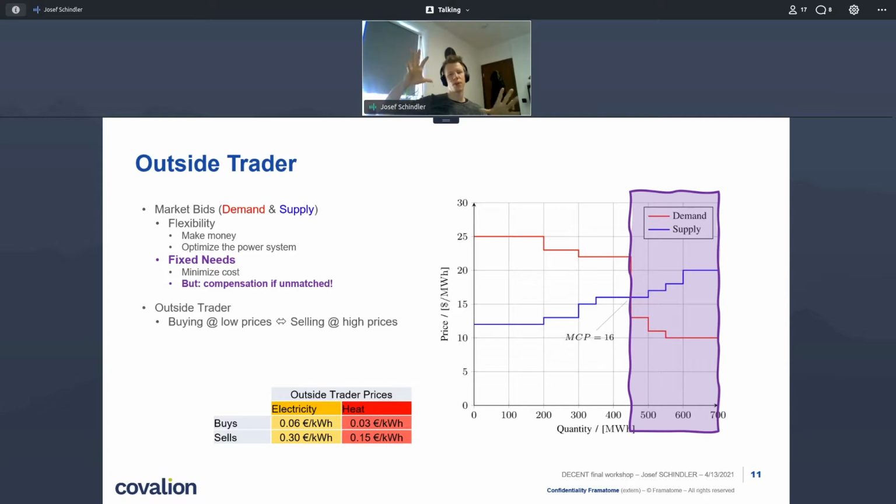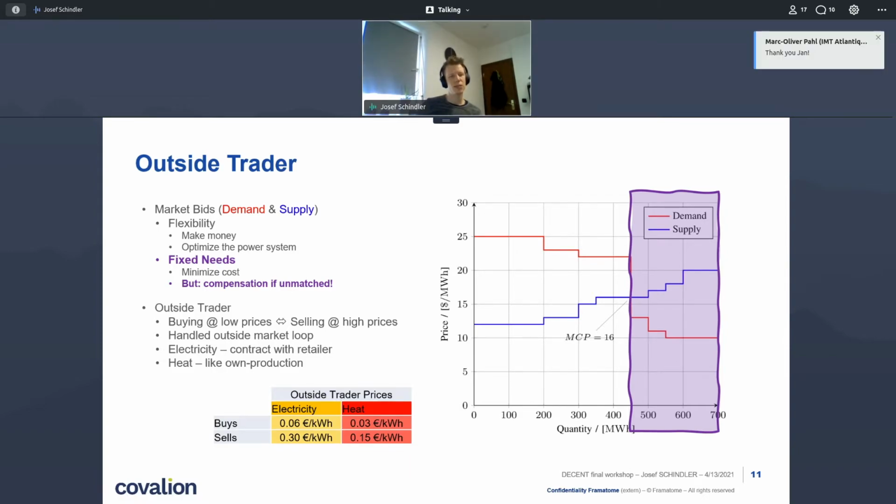So from these prices for heat and electricity, we have somehow the boundaries. It does not make sense to place a demand bid higher than 30 cents per kilowatt hour, for example. The outside trader is handled outside the market loop, so every organization has to think about this compensation mechanism on its own.